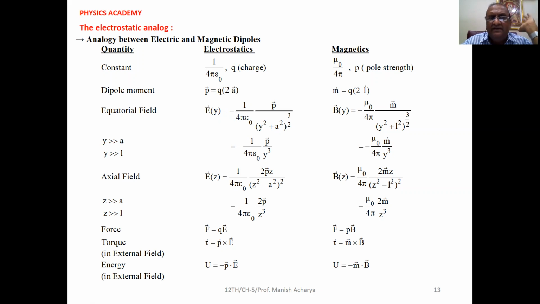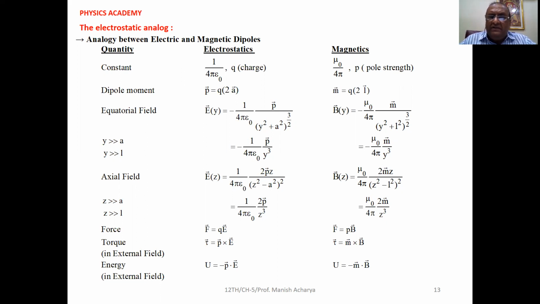So the constants in electrostatics are 1 upon 4 pi epsilon 0, where epsilon 0 is the permittivity of free space, and charge q. In magnetics, the constant is mu 0 upon 4 pi, where mu 0 is the permeability of free space, and P is the pole strength.